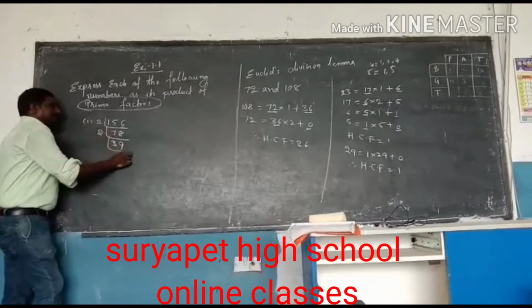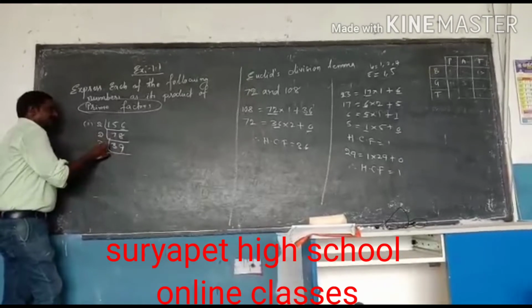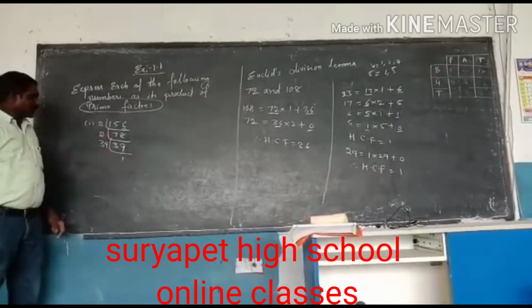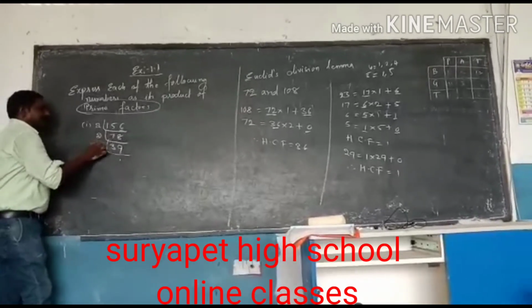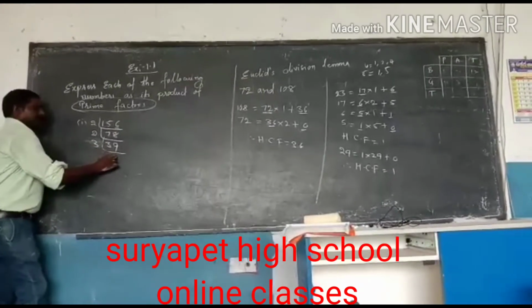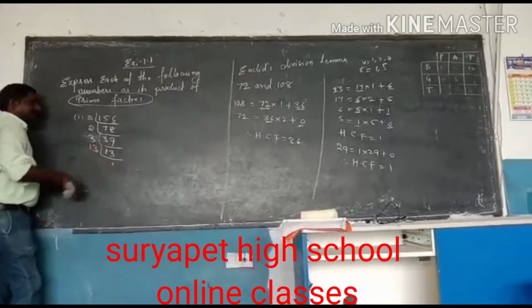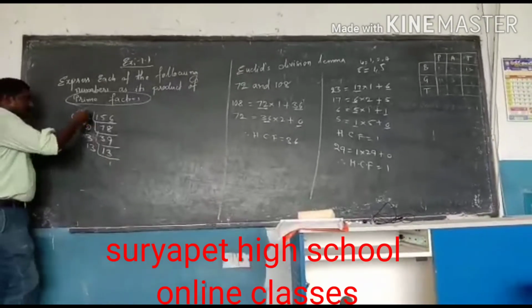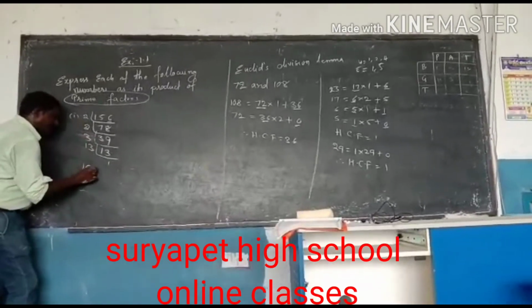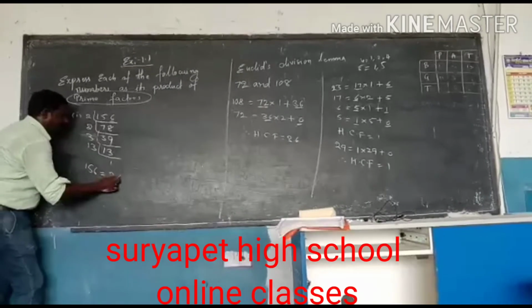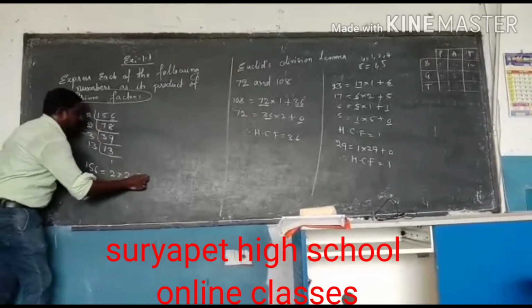So 2 nines are 18. No, sorry. It is divisible by 3. 3 ones are 3 and 3 threes are 9, and 30 ones are 30. So what numbers are we getting? 156 is equal to 2 into 2 into 3 into 13.